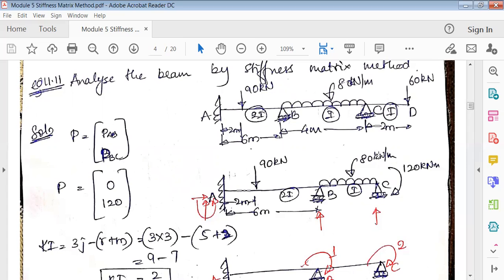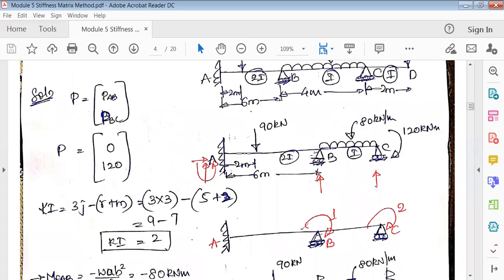All right, but in C you can see here, in BC span at C there is a moment which is of 120 kilonewton meter. So what I'll write here is P is equal to 0 first. At AB it is 0, at C, in BC it is 120, so it is 120.